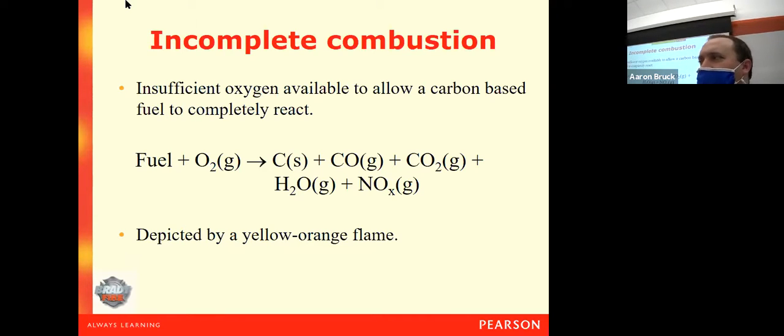NOx refers to any of the nitrogen oxide compounds that form as a result of incomplete combustion. So this can be nitric oxide, nitrogen monoxide, or nitrogen dioxide. We're not going to find too much nitrous oxide, N2O here, but nitrogen monoxide, nitrogen dioxide, and dinitrogen pentoxide, N2O5, are going to be much more likely.